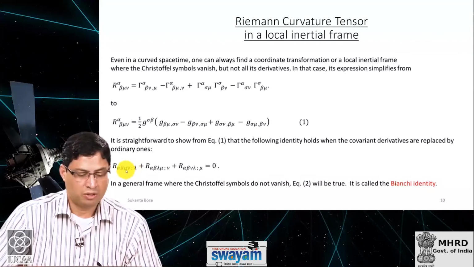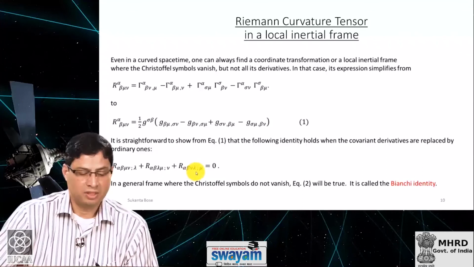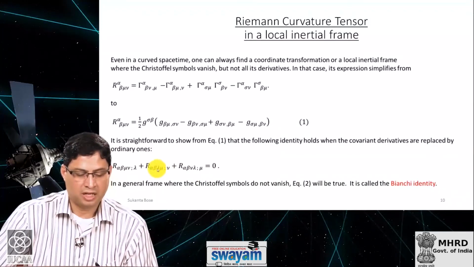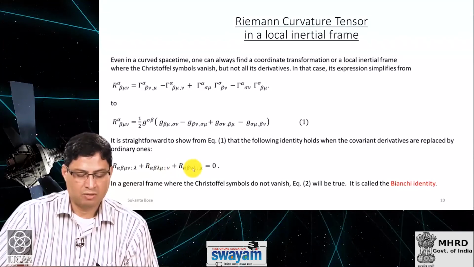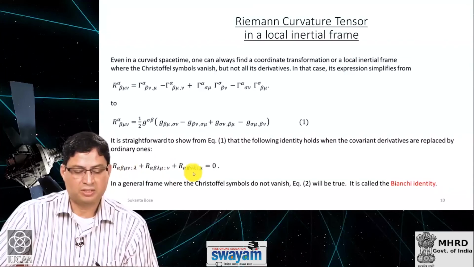So you start with this and then you move lambda up by a place and move nu back by a place, and that is how you get this middle term. For the last term you move nu up by 2 places and move lambda and mu back by 1 place each. So the sum of this combination is 0.